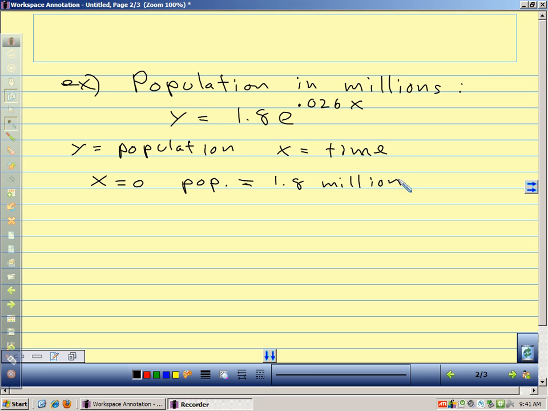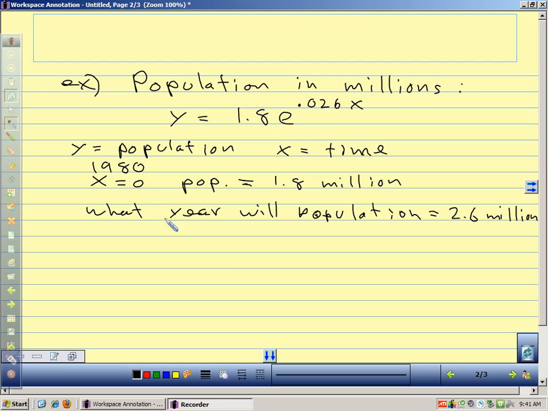We want to use this model to figure out what year the population will reach 2.6 million. And x equals 0 corresponds to the year 1980.